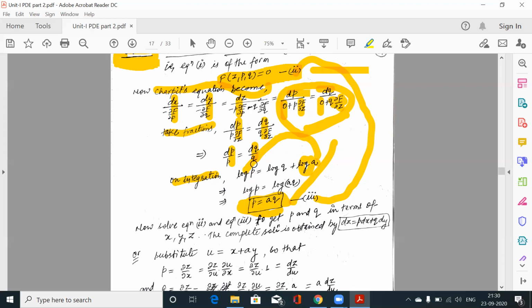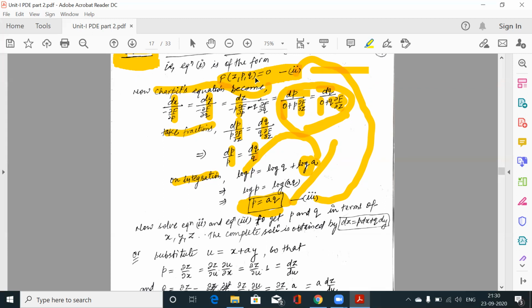Now we have got the value of q from here, and again we substitute this value of q. Whenever you calculate q from this equation, you get q in terms of z and the constant a.